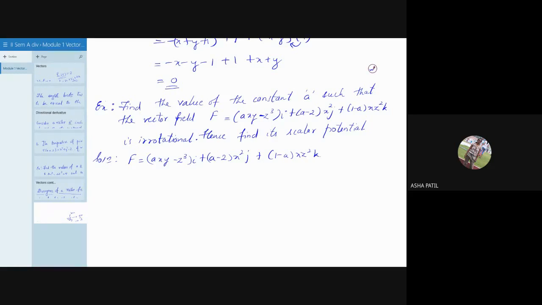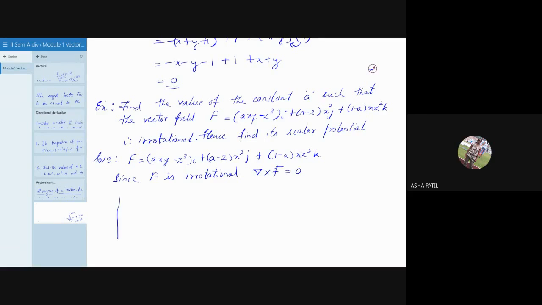To show that it is irrotational, del cross F must be equal to 0.